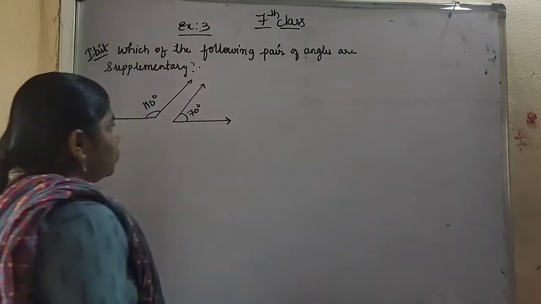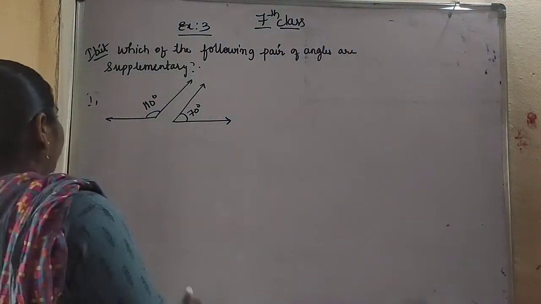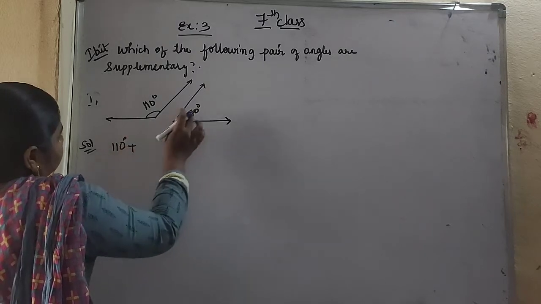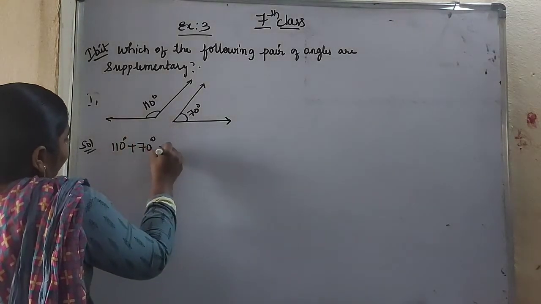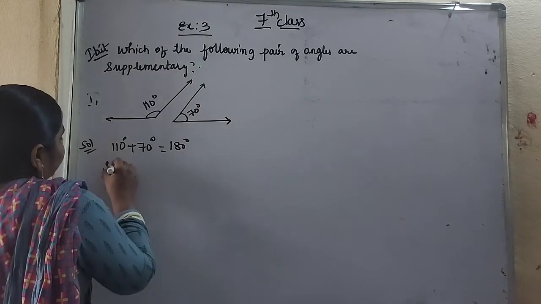70 degrees. If you add these two, that should be equal to 180, then only they will be supplementary to each other. Here the first angle is 110 and the second angle is 70. So 110 plus 70 is how much? 180. So we can call them supplementary angles.